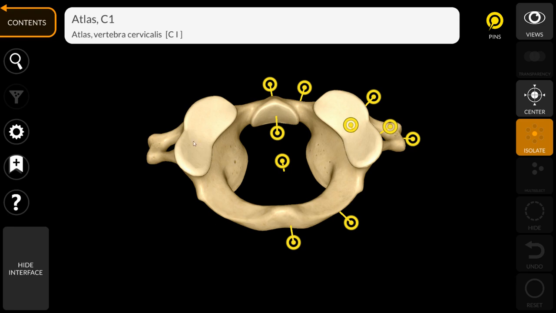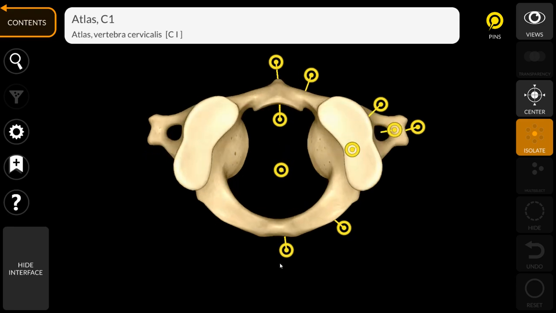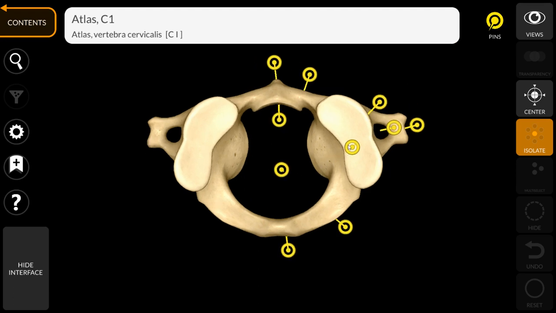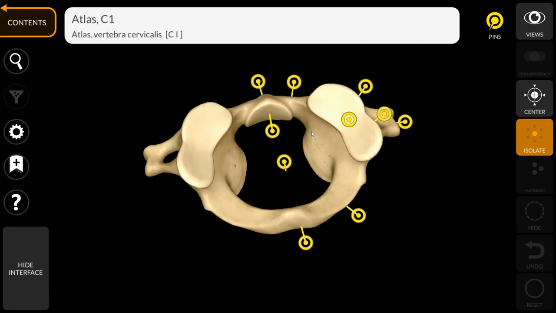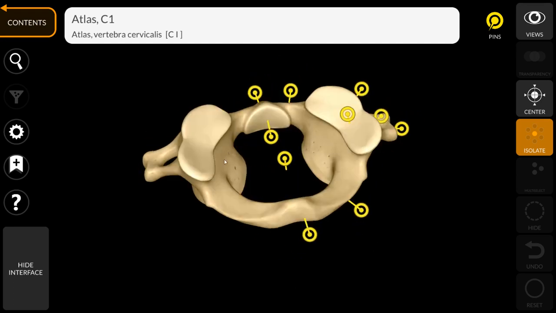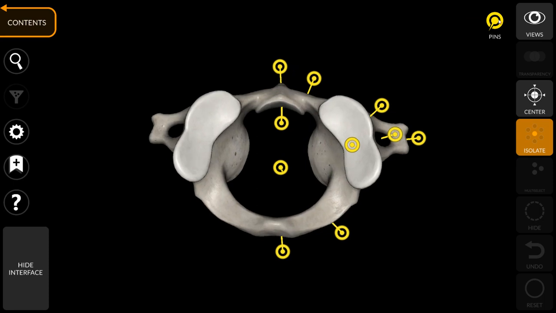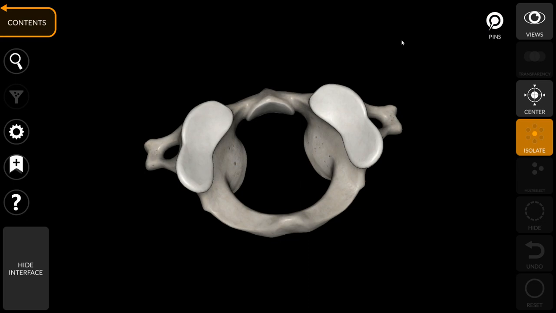Why weird? Because number one, this atlas or C1 basically doesn't have any body. Centrally you can see there is no body, but laterally these two structures are what we call the lateral mass, the lateral mass of the C1 or atlas.